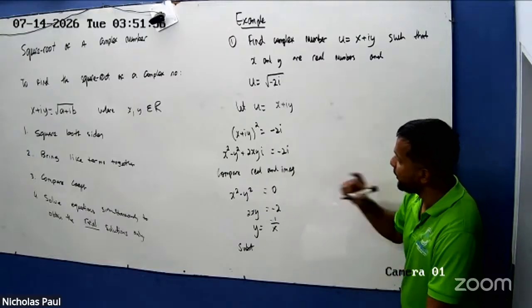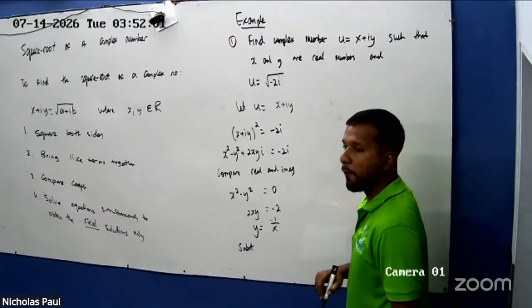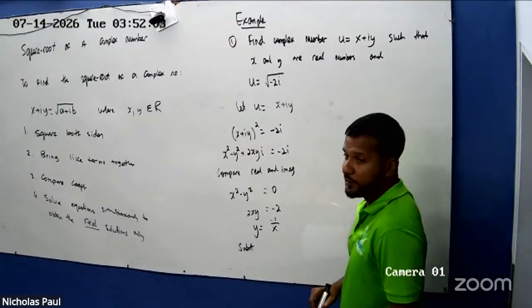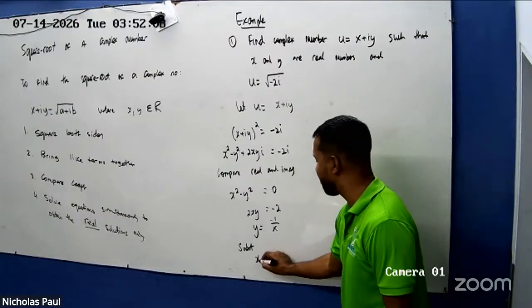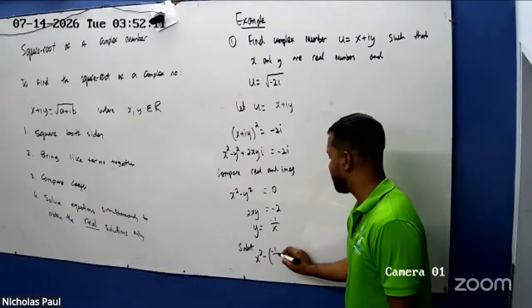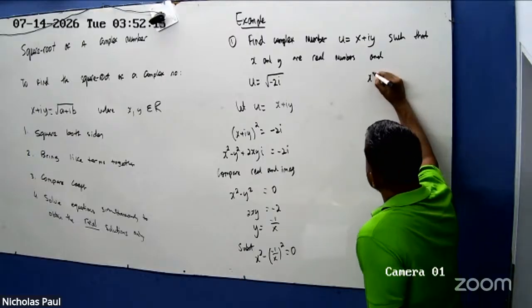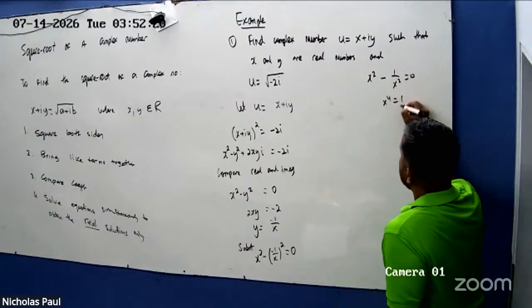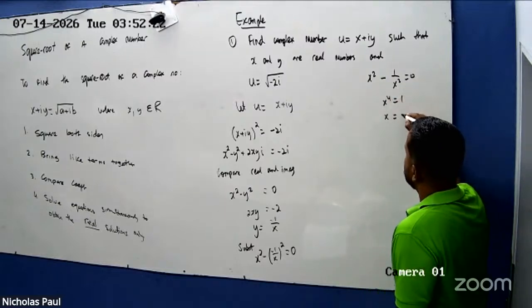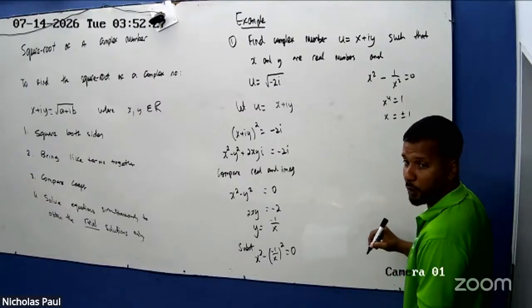Remember it was minus 2 here, so it's minus 1 on x. So when you substitute, you'll get x squared minus 1 on x all squared is 0. So that's x squared minus 1 on x squared is 0. x to the fourth is 1, so x is plus and minus 1.